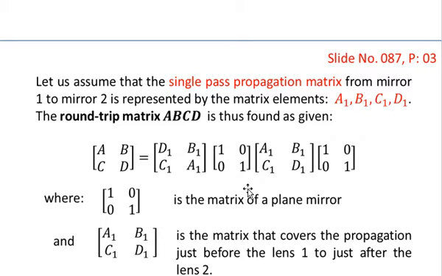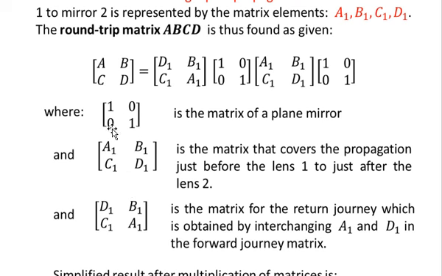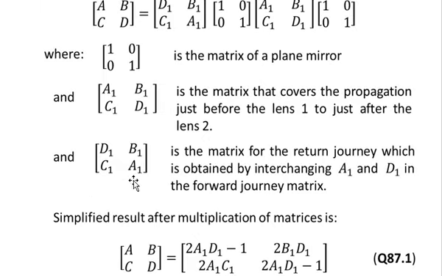The product of these four matrices will then give you the ABCD matrix for the round trip, where 1, 0, 0, 1 is the matrix of a plane mirror, and A1, B1, C1, D1 is the matrix that covers the propagation just after mirror 1 to just before mirror 2. D1, B1, C1, A1 is the matrix for the return journey, which is obtained by interchanging A1 and D1 in the forward journey matrix.